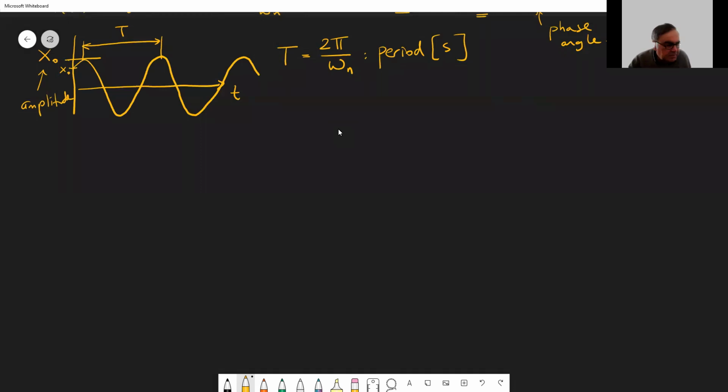Let's look at the damped case as well very quickly. In the damped case, we assume viscous damping. So we have a damper and mass like this. This is x, this is m.